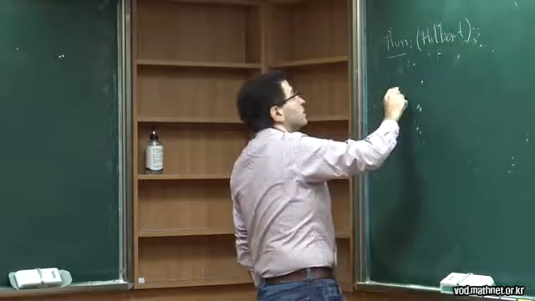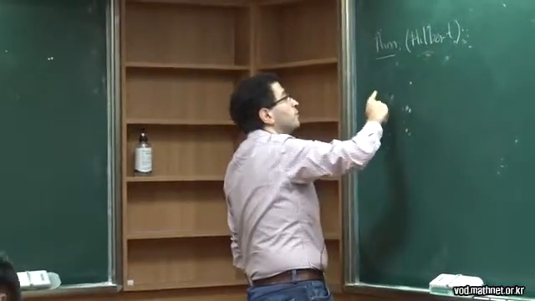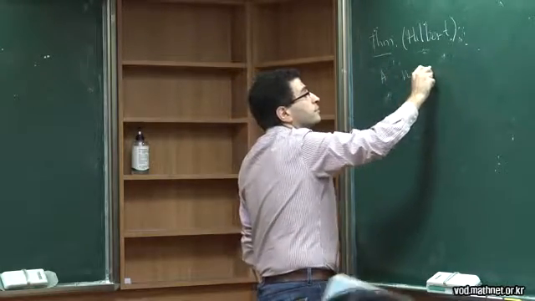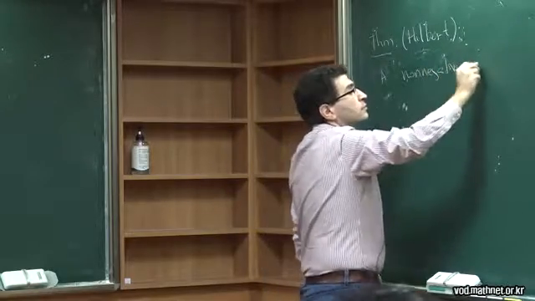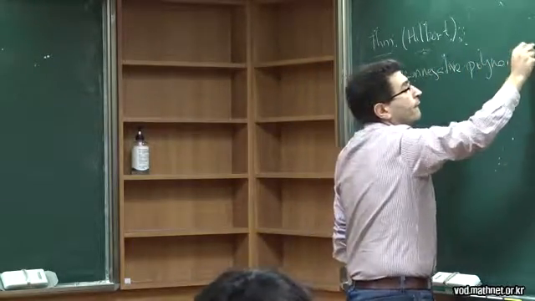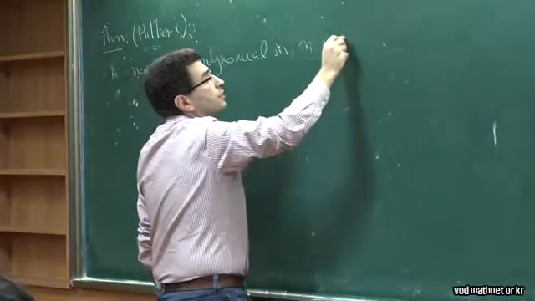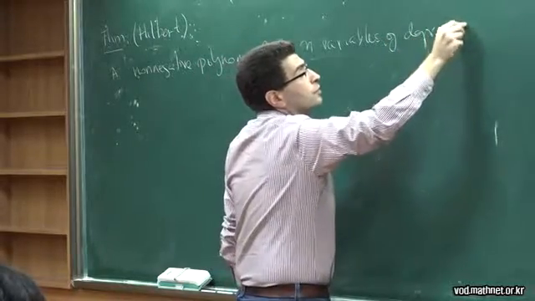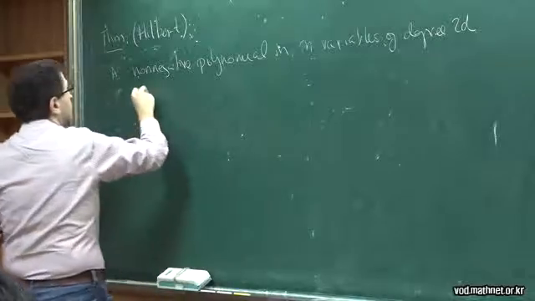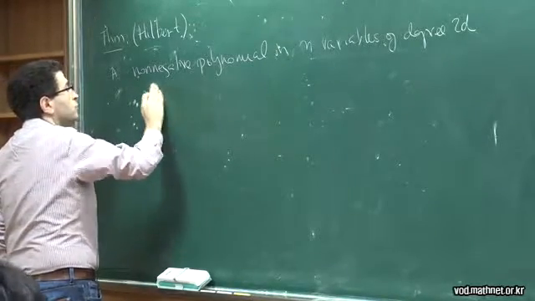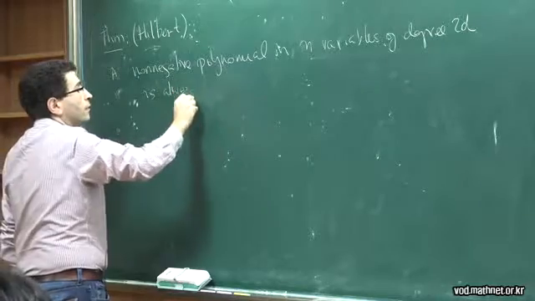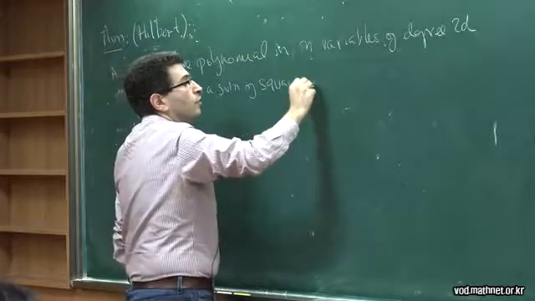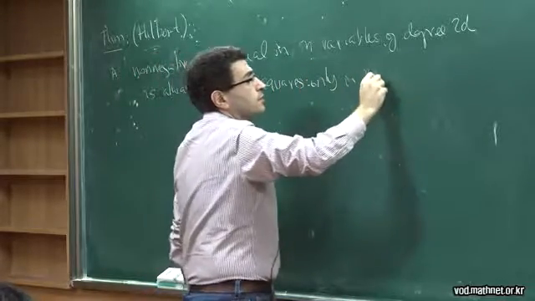and then the first theorem of a kind was proved by Hilbert. So we said a non-negative polynomial in n variables of degree 2d is always a sum of squares only in the following three cases.